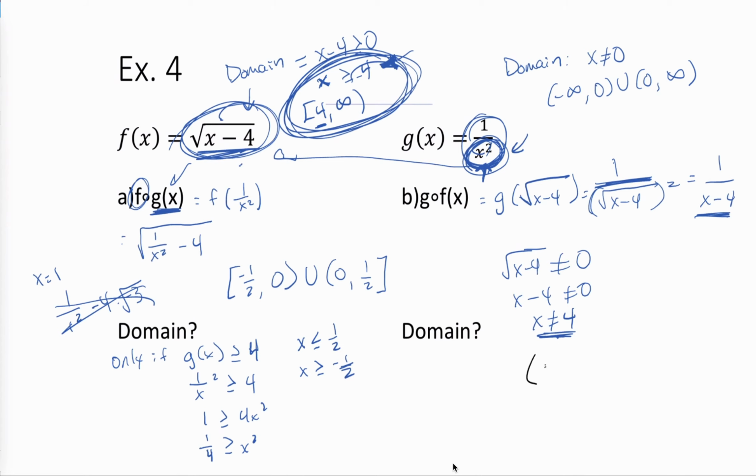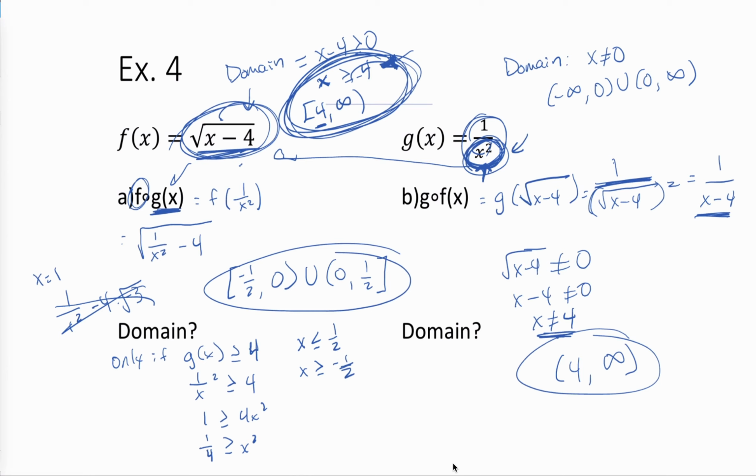It's from 4 to infinity, with parentheses, because we can't include 4. So again, the domain of the composite functions is more restricted than the domains of the original functions.